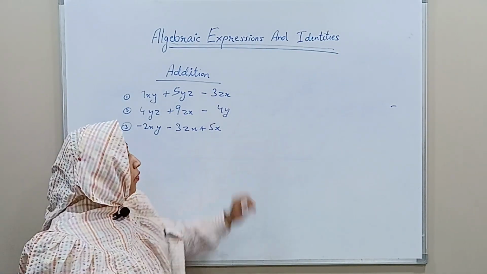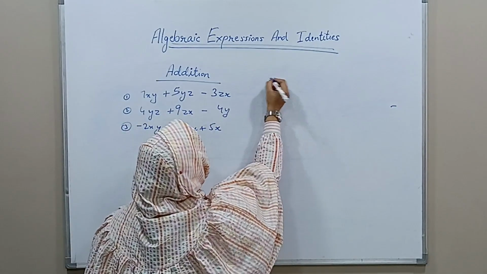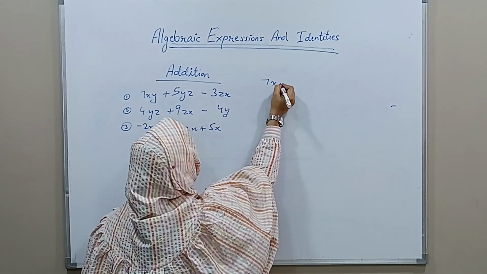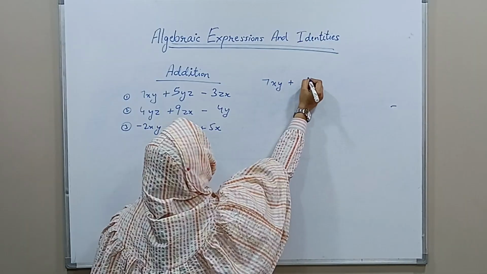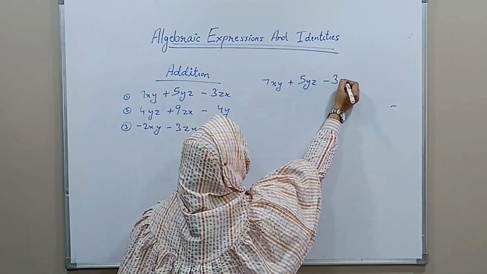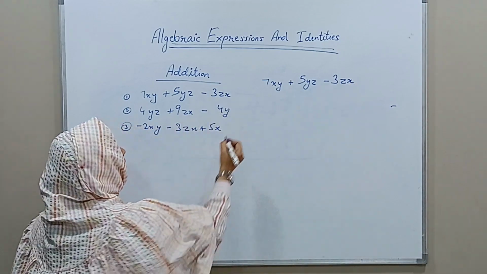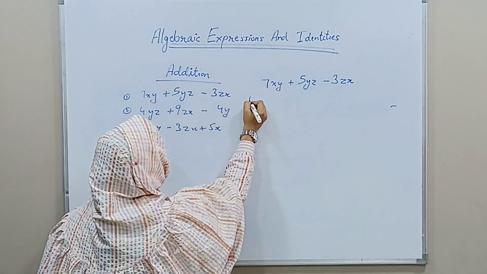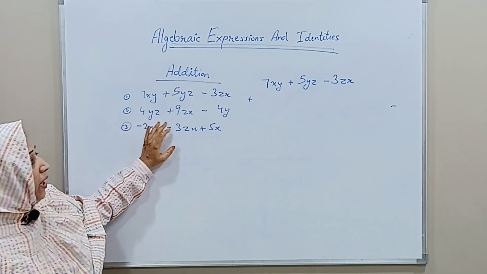Okay. Now writing them, let us start with the first term, that is 7xy plus 5yz minus 3zx. Adding the second term, so plus 4yz.